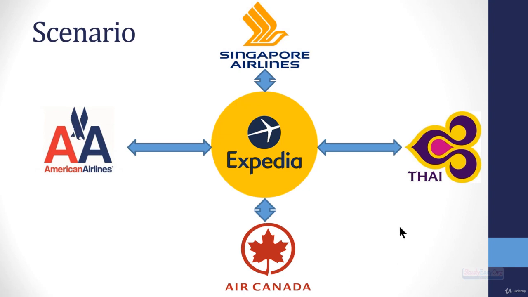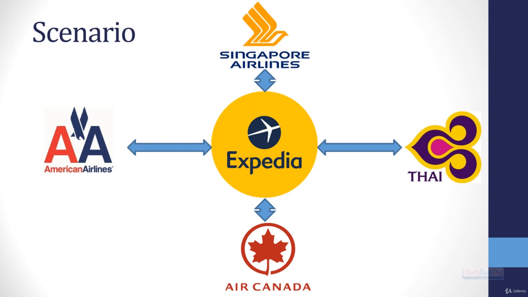To communicate with them, the airlines have made available web services, and using these web services, websites like Expedia can book tickets.